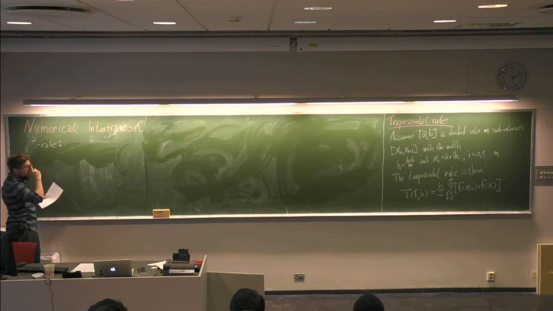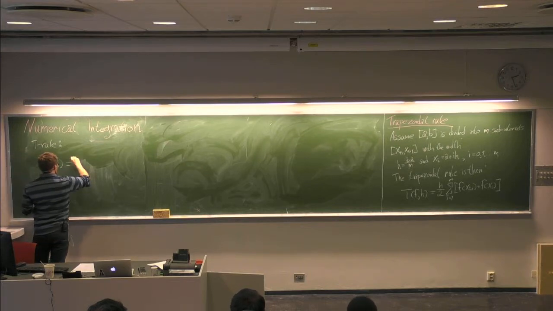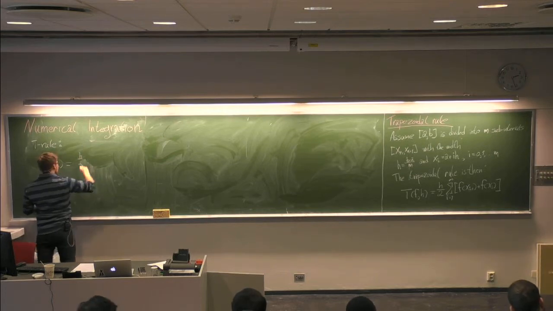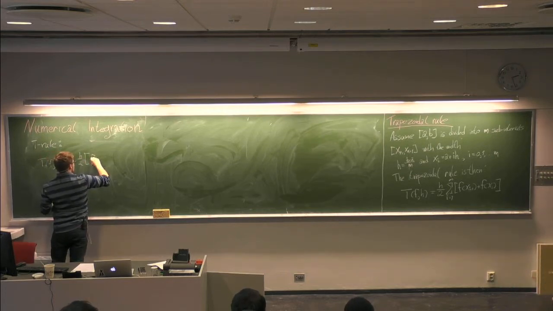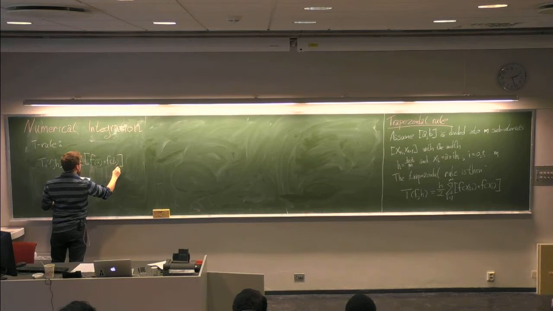You can also rewrite this sum, and you will end up with T_f(h) equals h over 2 times f(a) plus f(b).